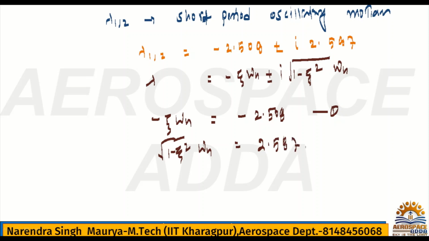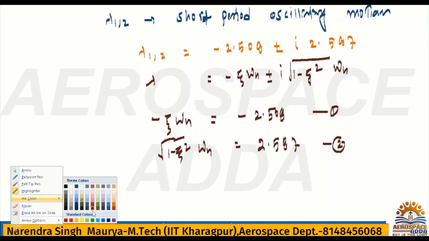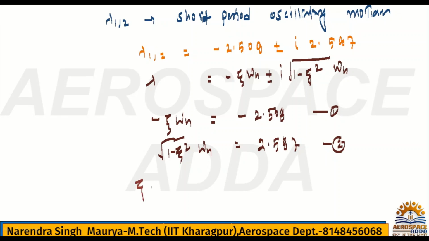Now you use these equations and calculate the value of chi and omega n separately. You take the ratio, omega n will be cancelled out, and the chi value you have to calculate. Chi value is nothing but the damping factor or damping ratio.